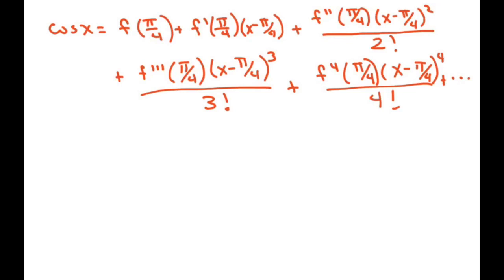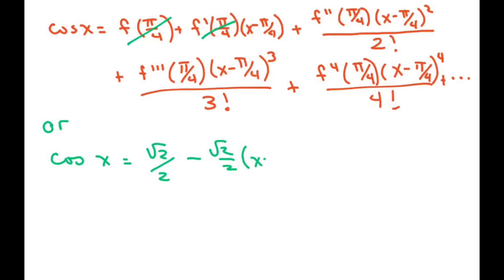All right, then all you do is substitution, and what we're going to get is cosine of x equals the square root of 2 over 2. That's this one. Okay, minus, this is the negative square root of 2 over 2 times x minus pi over 4.